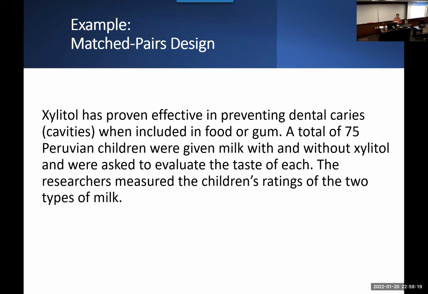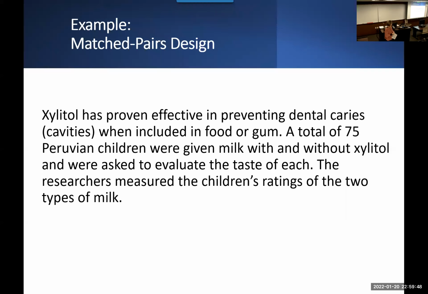This next design is called a matched pairs design. In a matched pairs design, what we have here are two levels of treatment. That's it. You only get two because it's a pair, right? Matched pair design. You only get two treatment levels. So this example says xylitol was proven effective in preventing dental caries or cavities when included in food or gum.